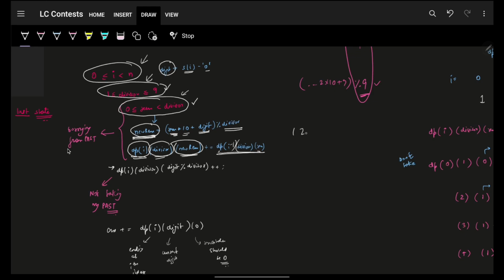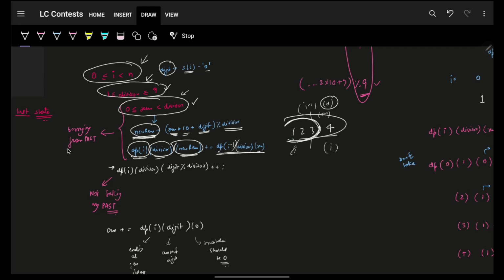Again, this is the same as saying, up till 1, 2, 3, whatever number of substrings I had ending at index I minus 1, having a divisor D with the remainder R. Now, if I add a 4, so ending at index I with the same divisor but obviously a new remainder, because now the new remainder will be something different. How much impact will I add? If this was giving a 5 as an impact, then this ultimately also will become 5 times.